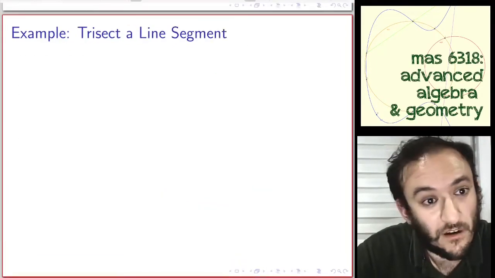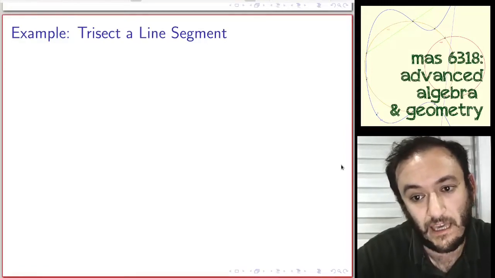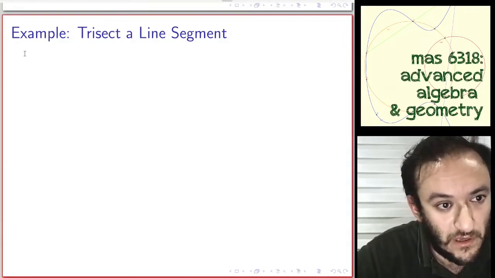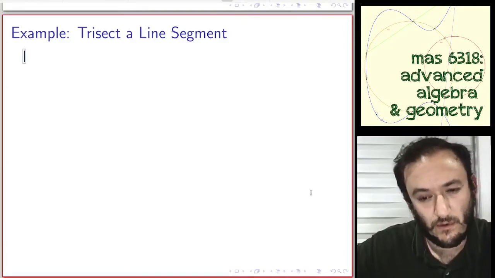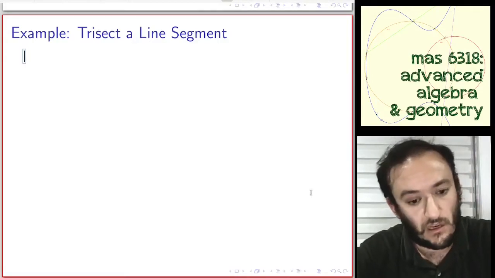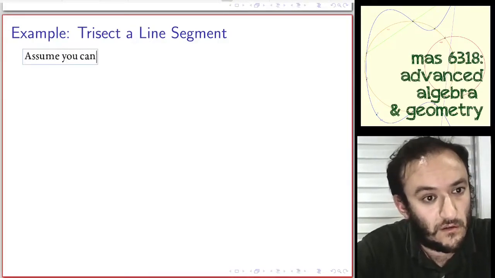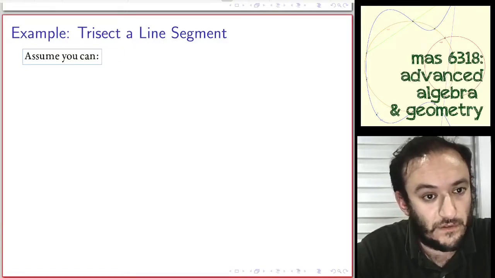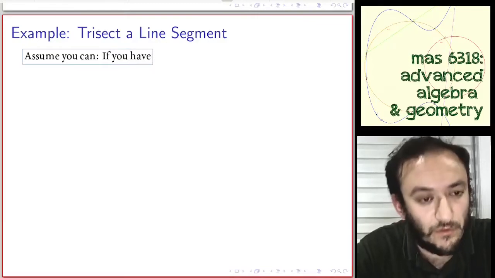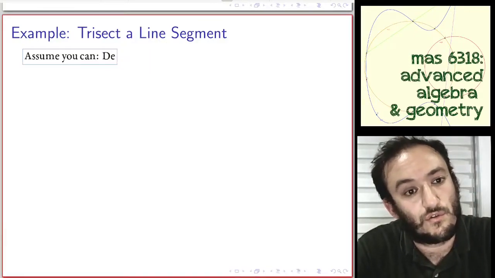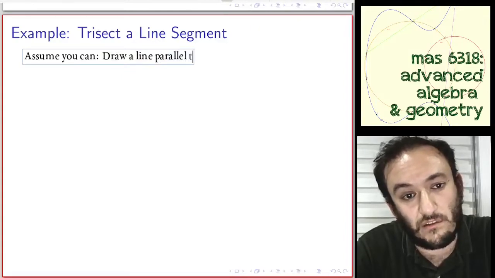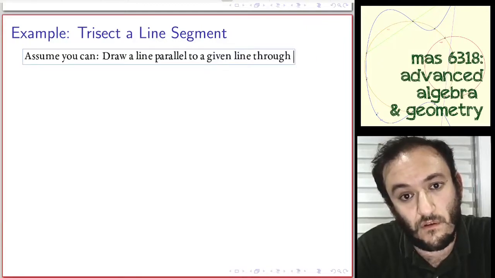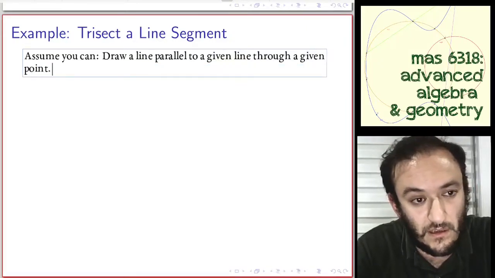Now we arrive at quite a hard one, which is trisecting a line segment. For this, I'm going to assume we can do a few things that we haven't proven yet, but which are not hard to demonstrate. First, draw a line parallel to a given line through a given point.